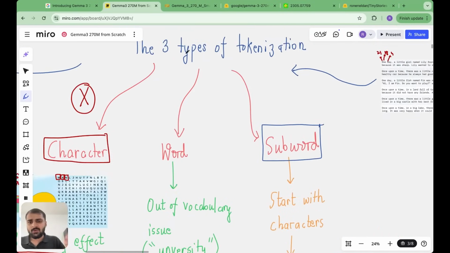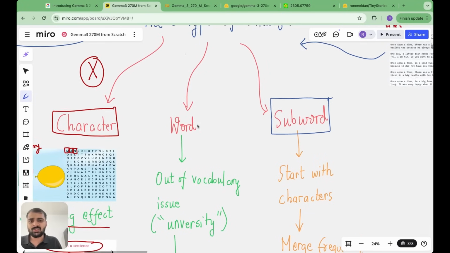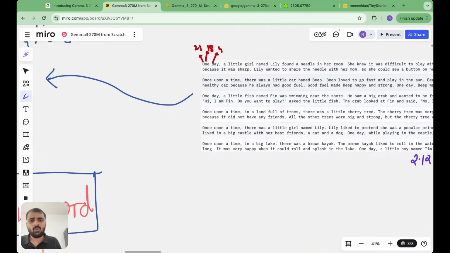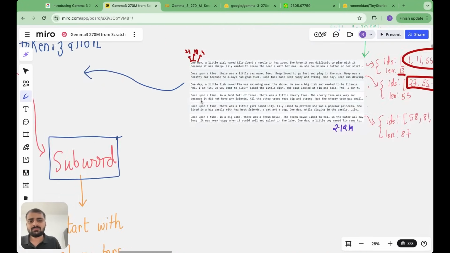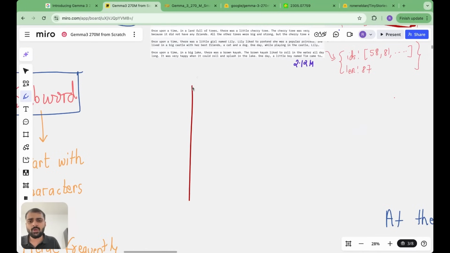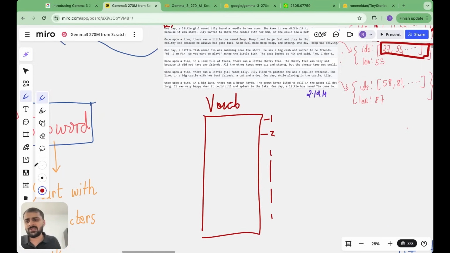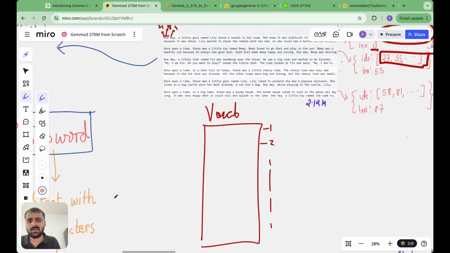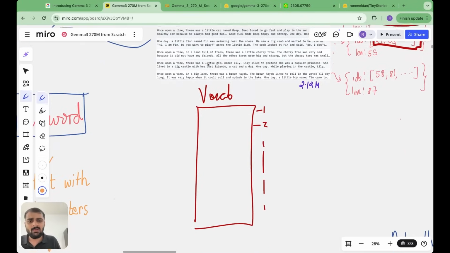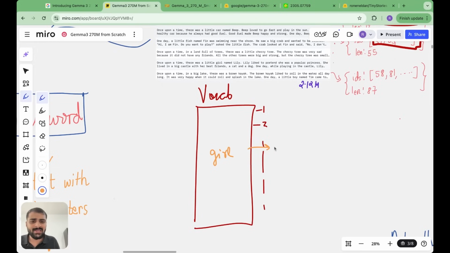The second type of tokenization is word based tokenization. That's also quite intuitive, right? In word based tokenization, what you have to do is maintain a vocabulary. Let's say the vocabulary looks something like this, and I will assemble all the words in the English language in this vocabulary. Then whenever I encounter a word, let's say girl, I will find where this comes in my vocabulary, and I will look at the token ID associated with it.